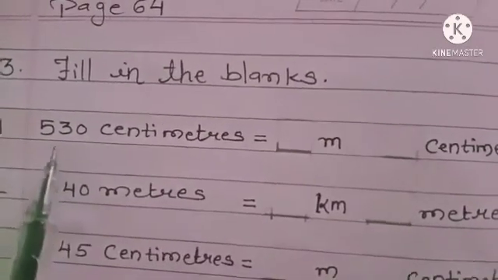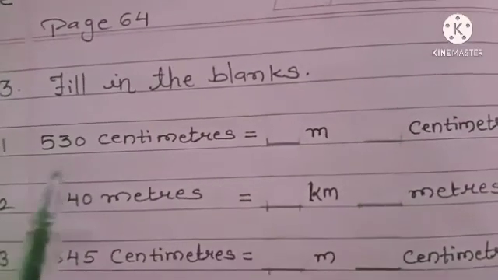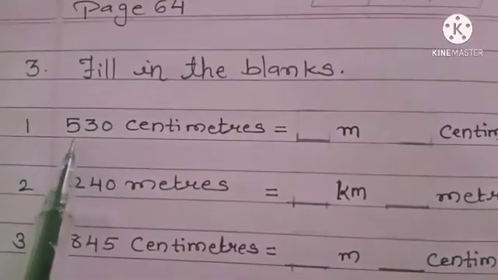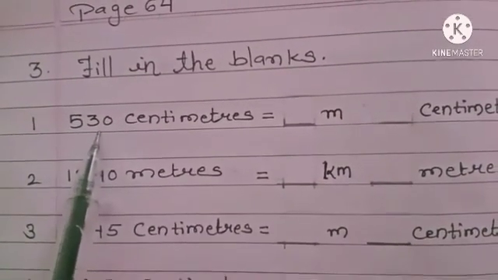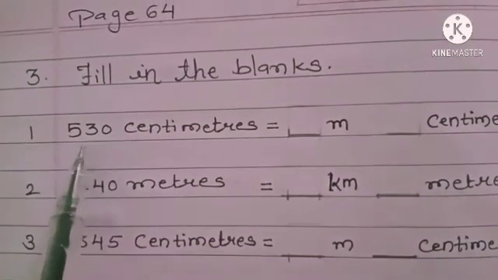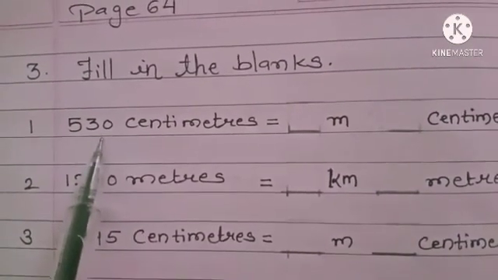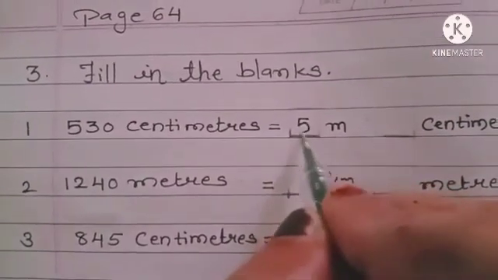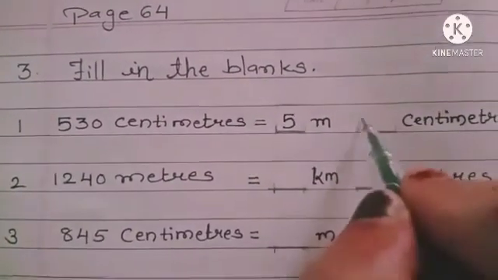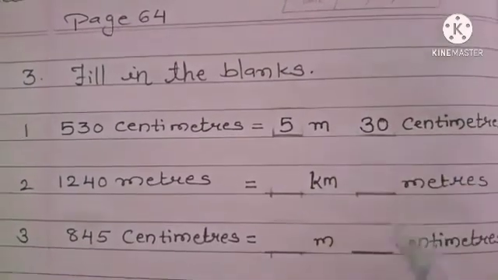So you'll see here that if we separate this, it will be 500 centimeters and 30 centimeters. 500 centimeters is equal to 5 meters. So we will write here 5 meters and this 30 centimeters.